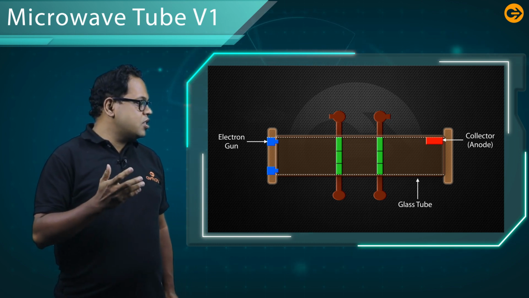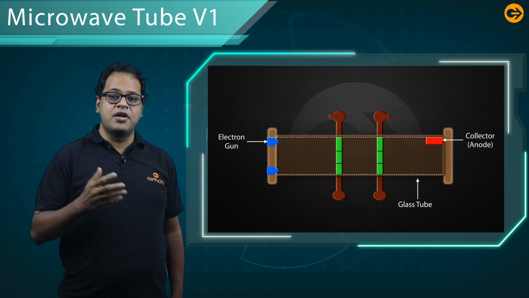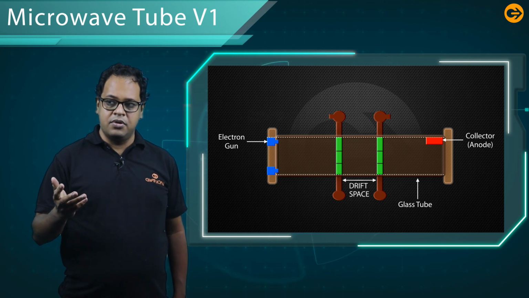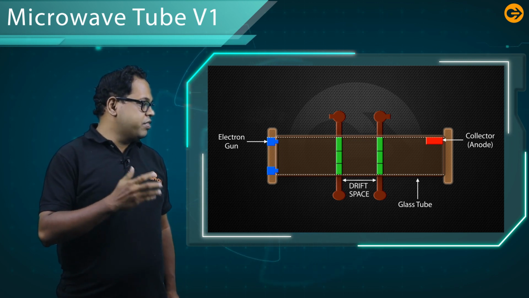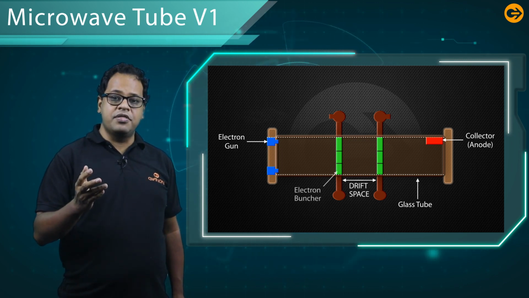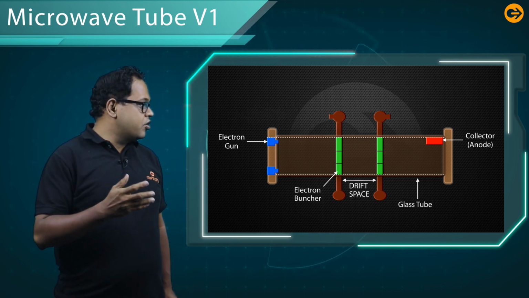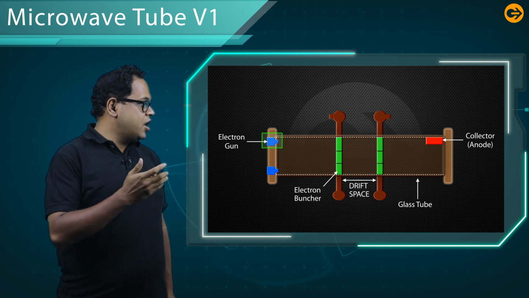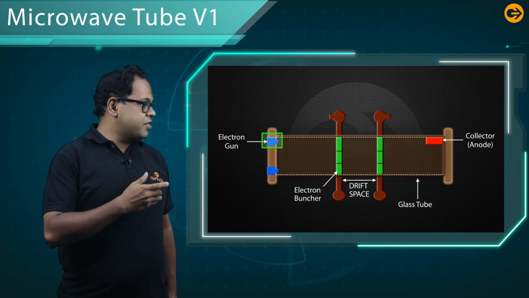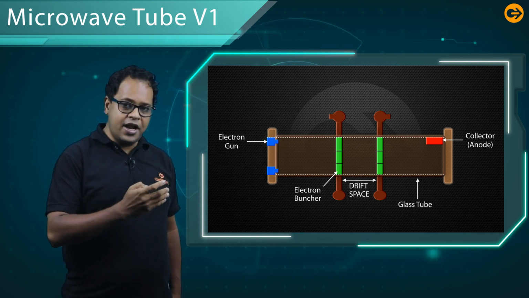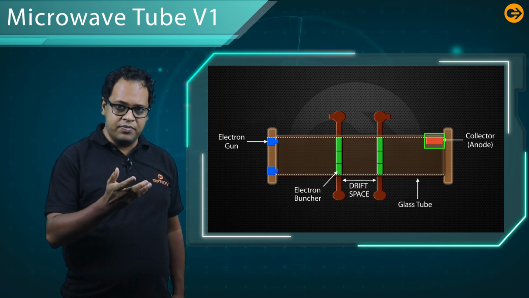The distance between the two cavities is known as drift space. And there are also two electron beams around these two cavities. The electron is generated from the electron gun, and it is amplified and collected at the collector.